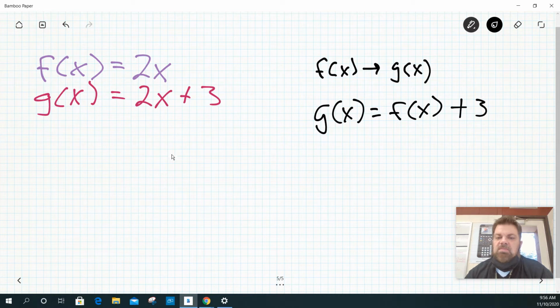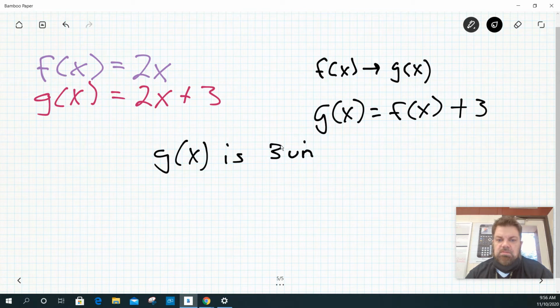Well, what does that plus 3 mean? It means that g of x is 3 units above f of x.